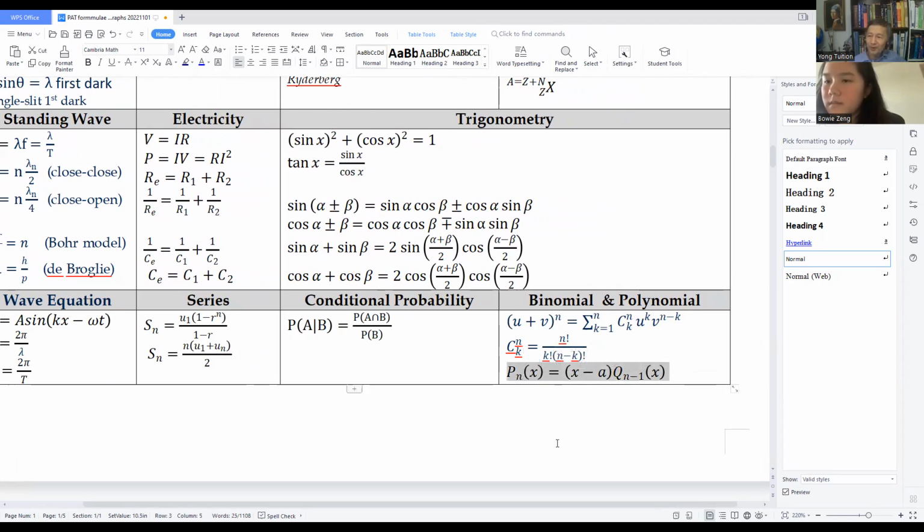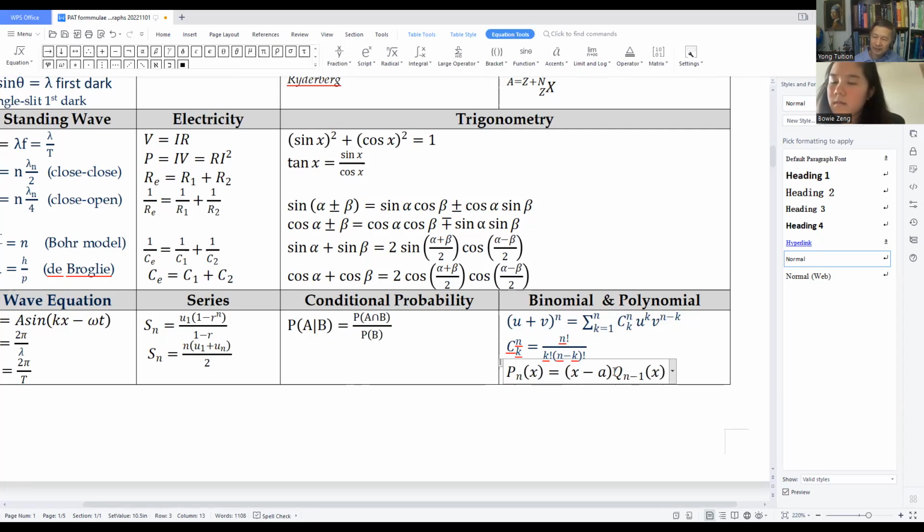They always give you some cubic equation, but they also tell you there's one root. If you're given a cubic equation and one root, then you can factorize. You can use long division.